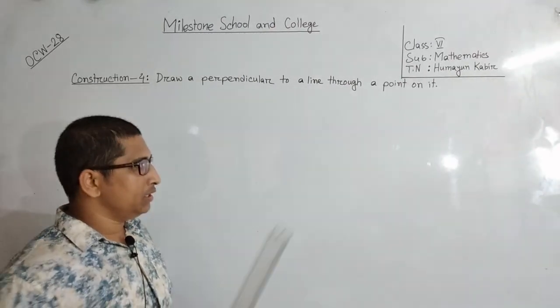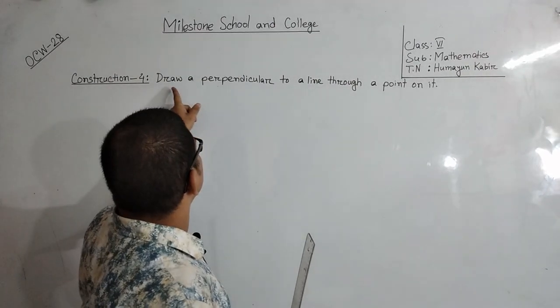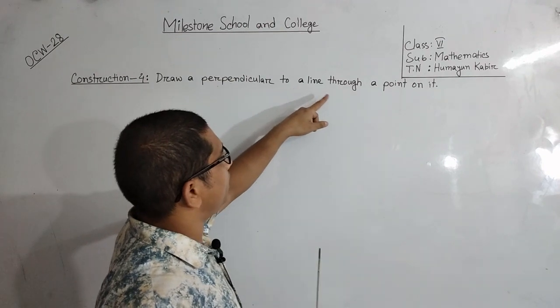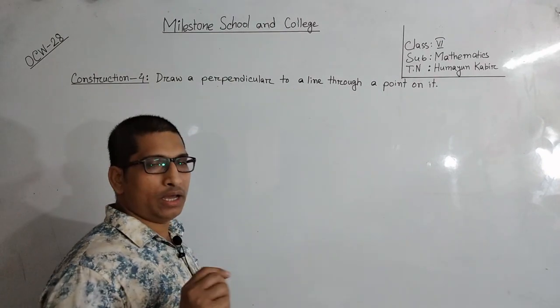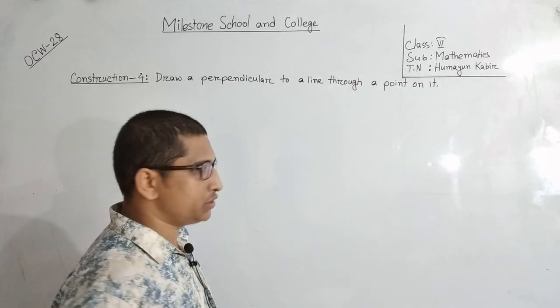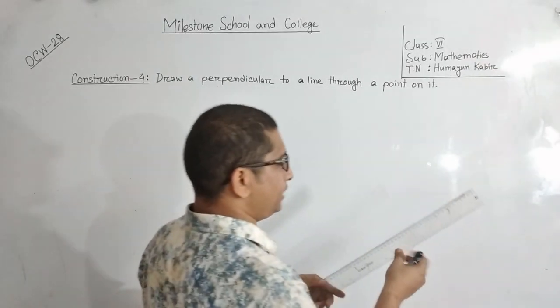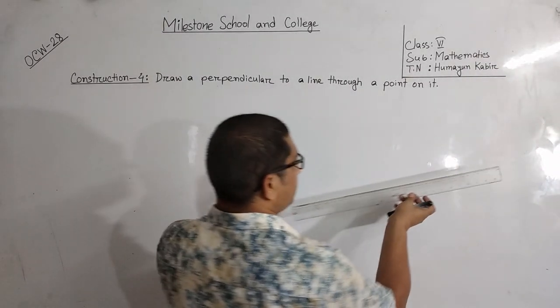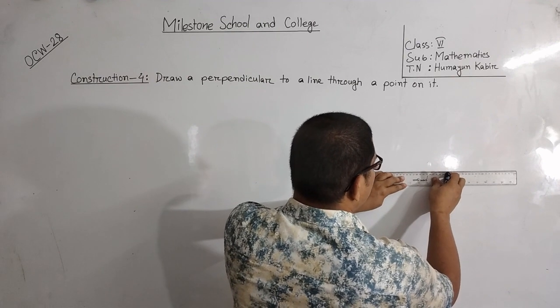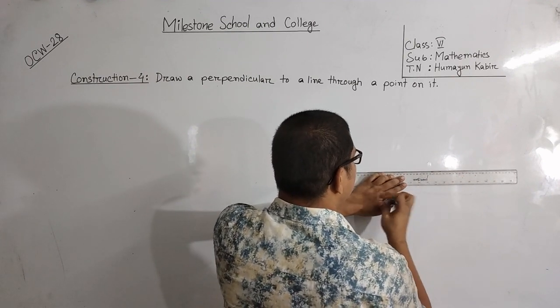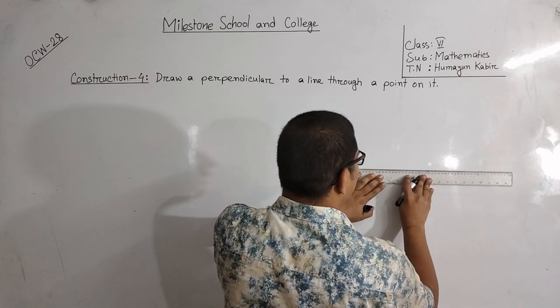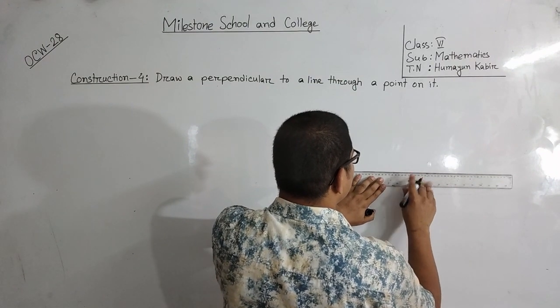So here listen, here draw a perpendicular to a line. That means here we need a line and a point. So at first we will take a line and a point. Okay. By the help of ruler you will take the line.